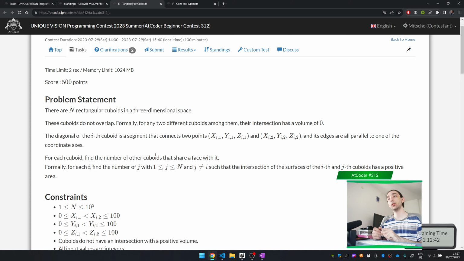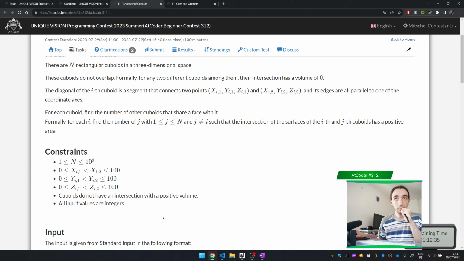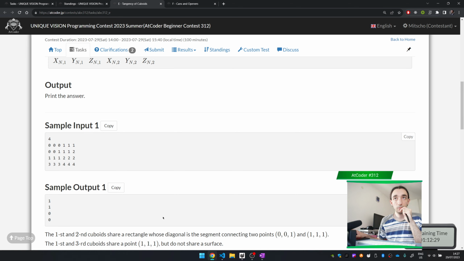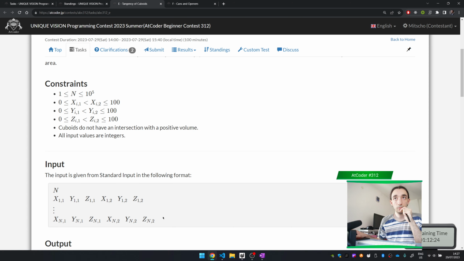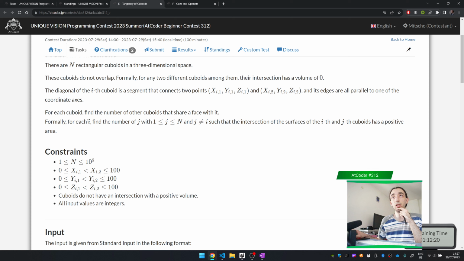Because there are 10 to the 5, and then you need to quickly say... So what do you need to output? The answer for each i: find the number of j's such that the intersection surface of the ith and jth cuboid has a positive area.